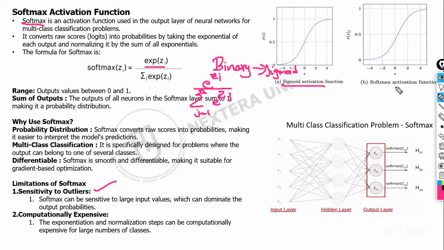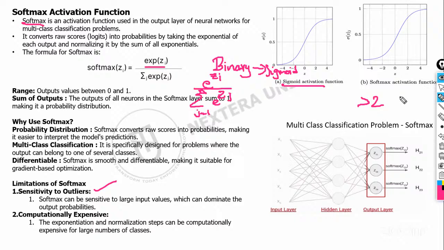And the softmax activation function is also used in the output layer neuron only, but it is used for multi-class classification. If there are multiple classes, more than two, go and use the softmax activation function in the output layer neuron. It gives the probabilities, and the values will be between 0 to 1. Wherever the probability is more, obviously that value will be returned as output.